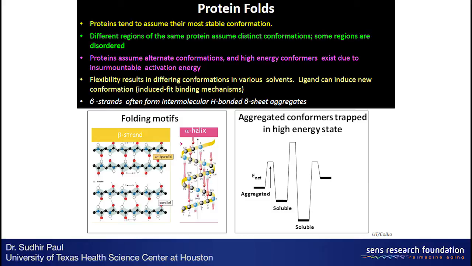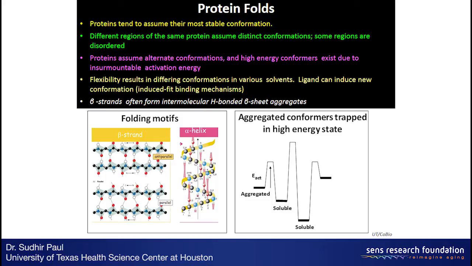And if the energy barrier between these different states is too high, this is the energy of activation required to convert this conformation into the most stable conformation. But if this energy of activation is too high, this conversion is impossible to make, with the result that proteins get trapped in their unstable state, and often the amyloids, they are the aggregated proteins.